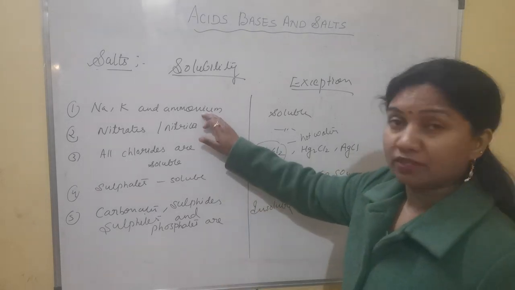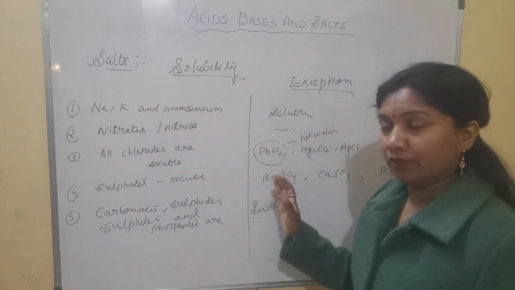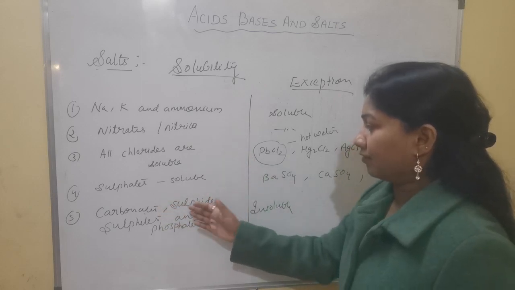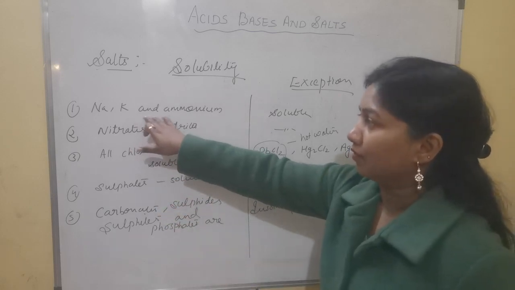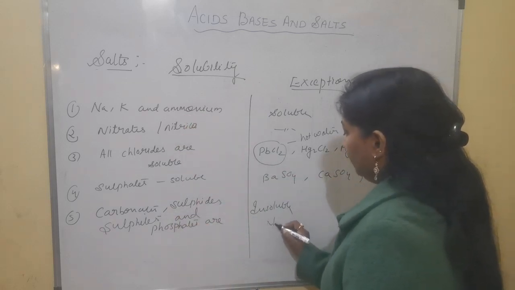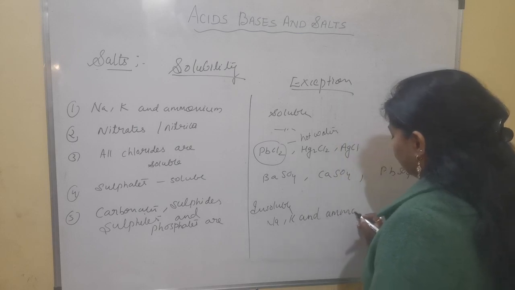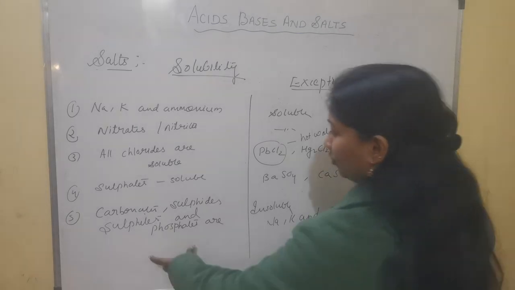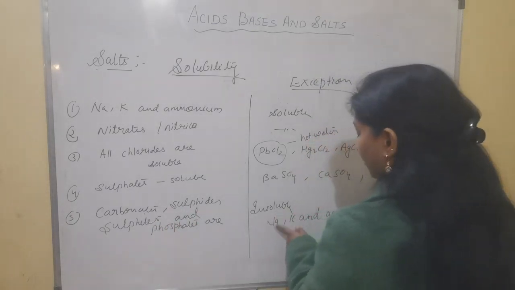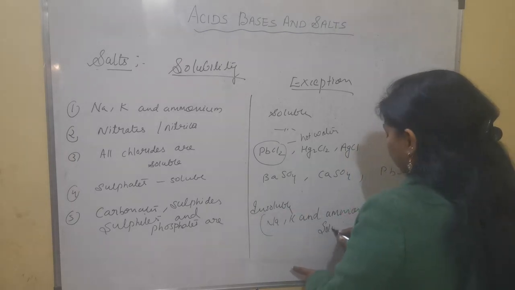In the first point, I said that all the compounds of sodium, potassium and ammonium are soluble, no matter whether it is nitrate, chloride, carbonate, sulfide or whatever. So the exceptions here are sodium, potassium and ammonium: carbonates, sulfides and phosphates are insoluble with the exception of these three, which are soluble.